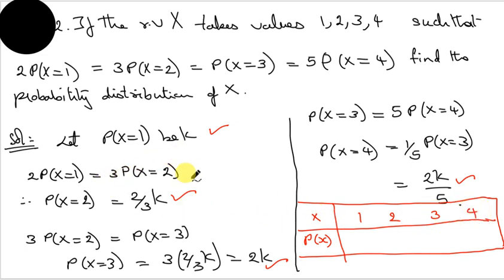Therefore the corresponding values are k, 2 by 3k, 2k and 2 by 5k. Once you get the value, there is nothing new about the problem. We revert back to the previous style. So now my x value is 1, 2, 3, 4.